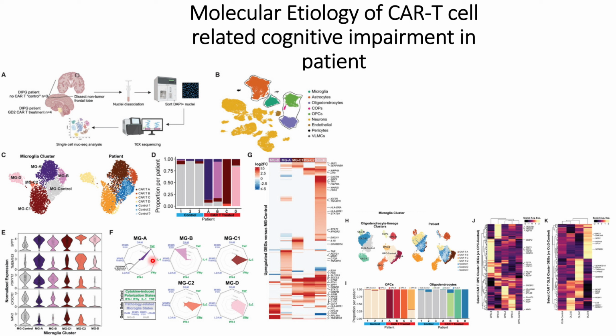And then they did the gene set enrichment analysis to find out which genes are enriched in different patient samples, and they are able to see that the different patient samples have different sets of genes that are enriched.